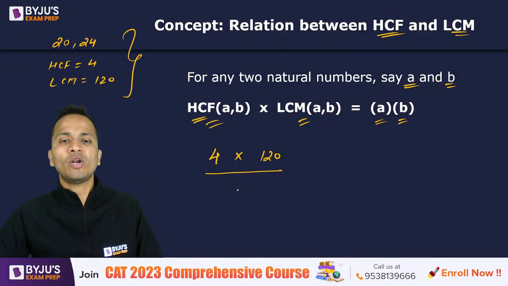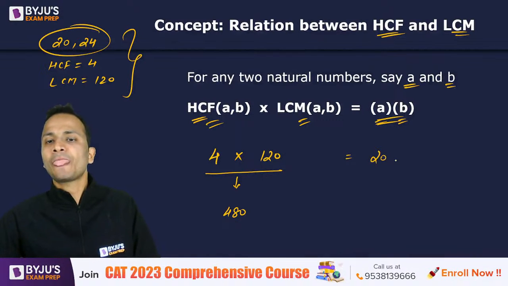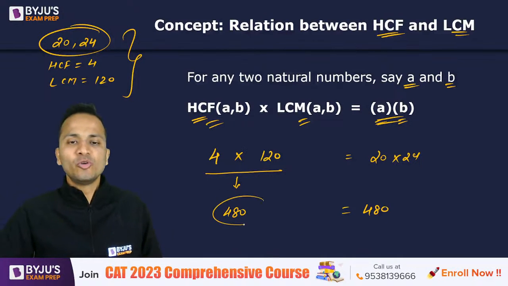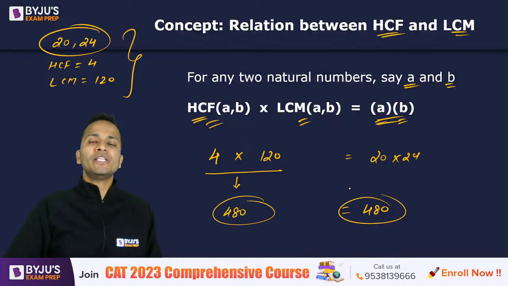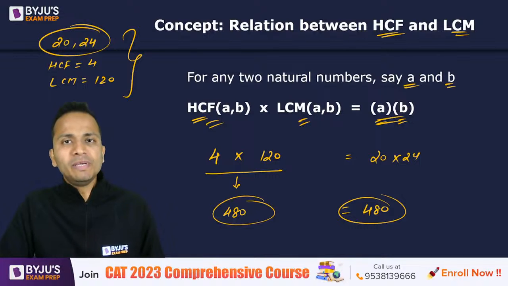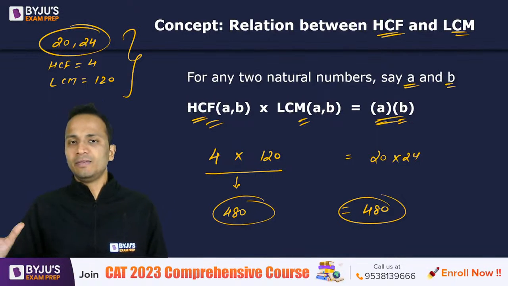Now 4 and 120 का product कितना होगा? It will be equal to 480. On the right hand side, you can look at the product of these two numbers. So the numbers were 20 and 24. So the product of 20 and 24 will again come out to be 480. So you can always say that whenever you are dealing with two numbers, then the product of numbers will be equal to the product of their HCF and LCM.